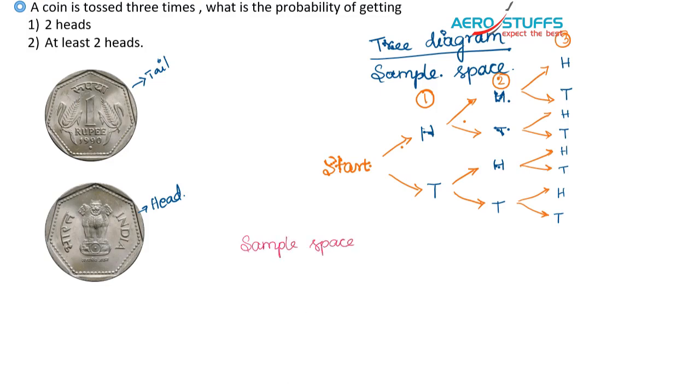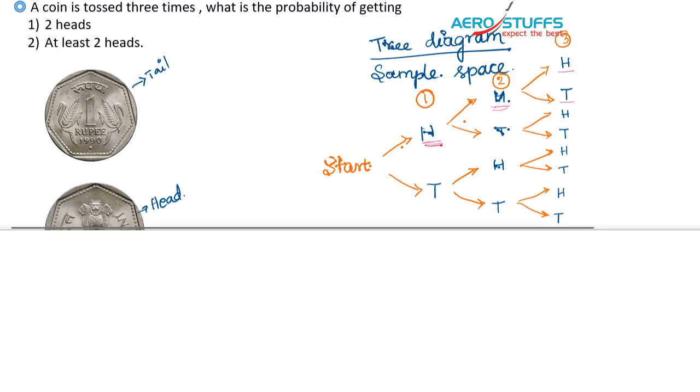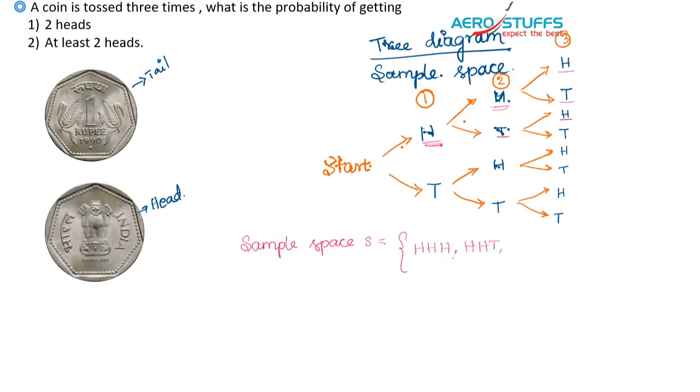Now we'll write the sample space. First start with head, head, head. I toss the coin 3 times, and there is a chance that I may get head the first time, head the second time, and head the third time. Next, I may get head, head, tail, or head, tail, head, or head, tail, tail.